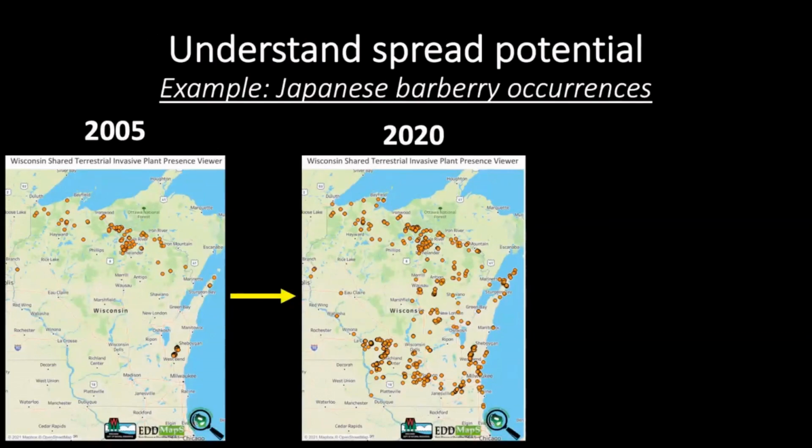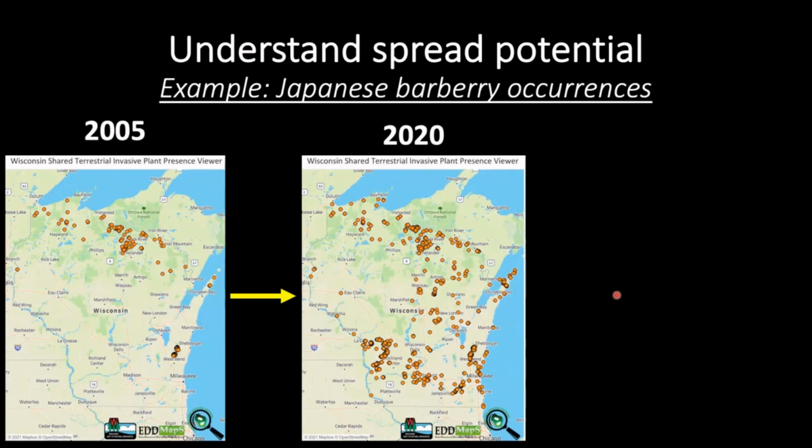And I think this example with Japanese barberry, which is an EDRR species, is really a good way to look at this. In 2005, we only had about 50 to 60 known populations of Japanese barberry in the state. Fast forward 15 years to 2020, and we have approximately tenfold the number of known occurrences widely distributed across the entire state.